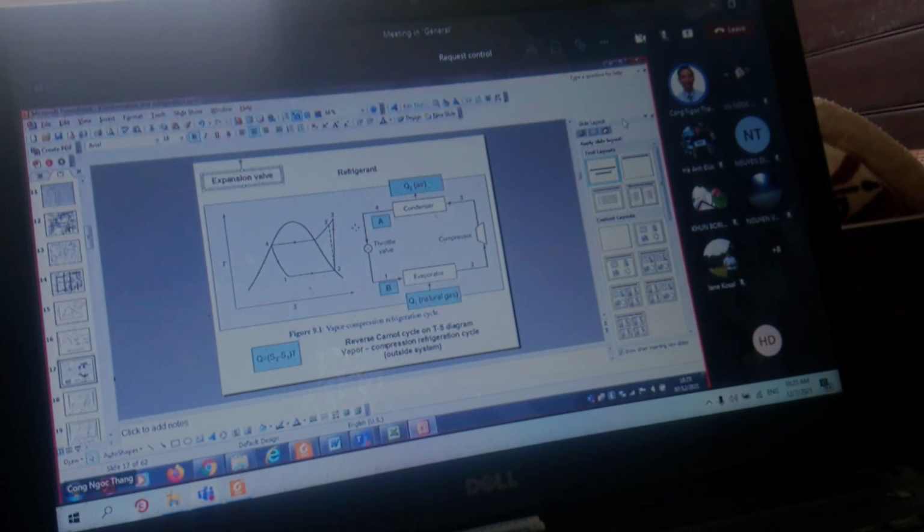Instead of throttle valve, they can use expansion valve, okay.